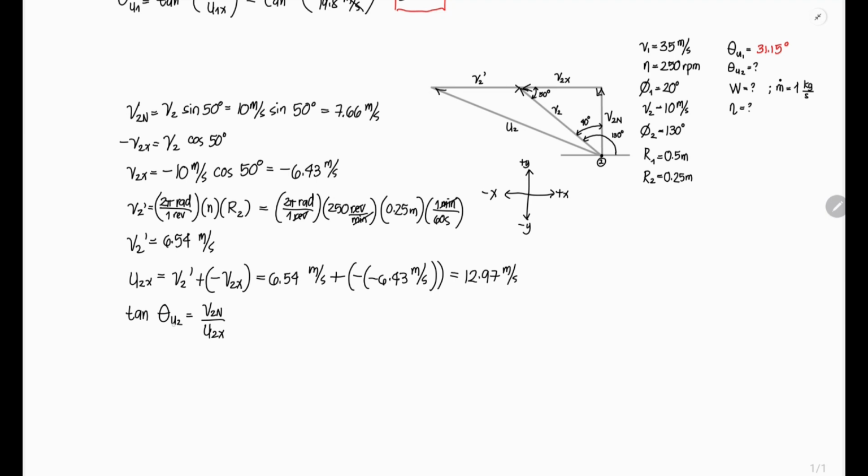So to solve for theta u2, relative velocity at point 2, we need to rearrange this equation into theta u2 is equal to tangent negative 1, or arctan, v2n over u2x. That is tangent negative 1, supplying the values of v2n, that is 7.66 meters per second, over the u2x, which is 12.97 meters per second.